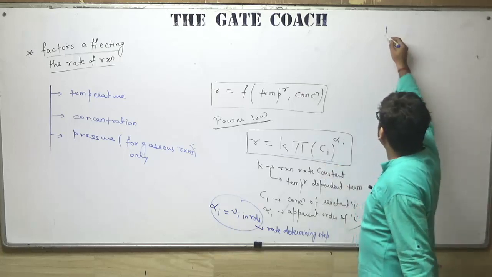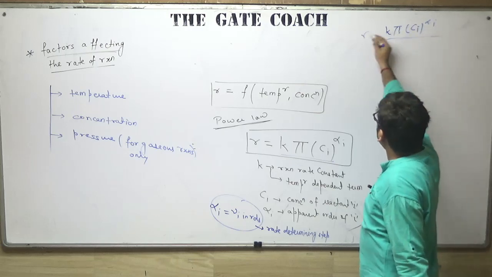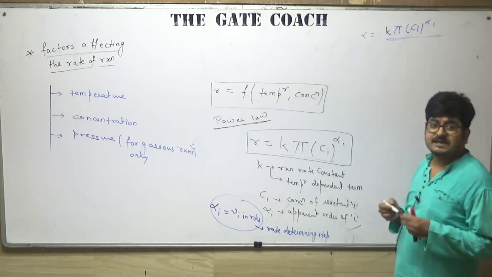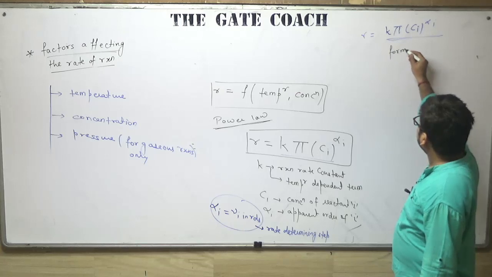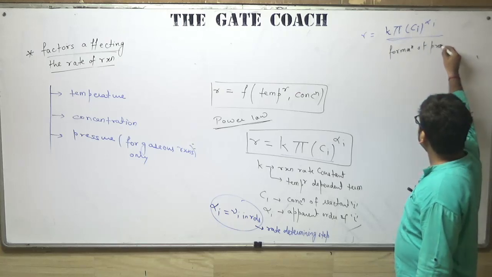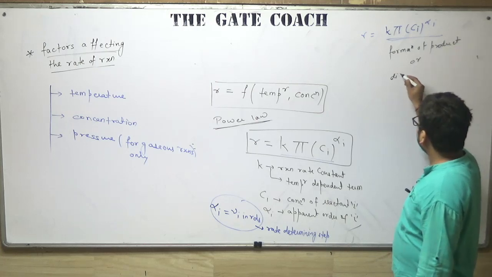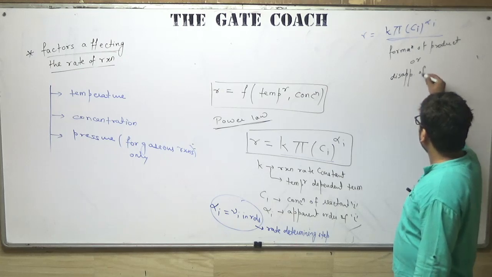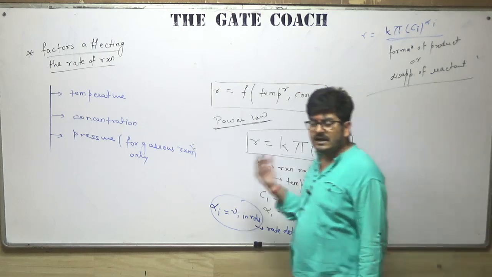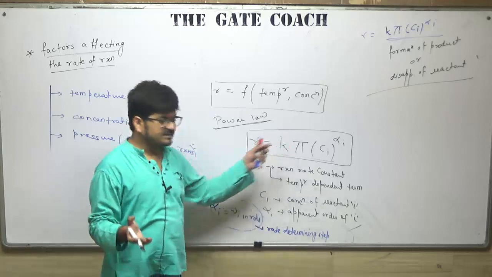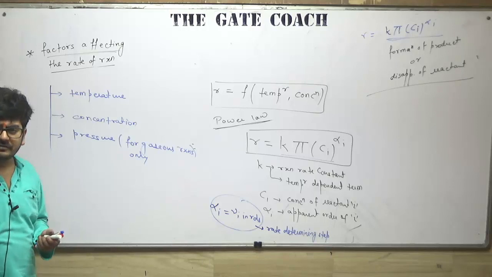Remember this part, K times the product summation of Ci power alpha i, on the right hand side represents the formation of product, or you can say the disappearance of reactant.